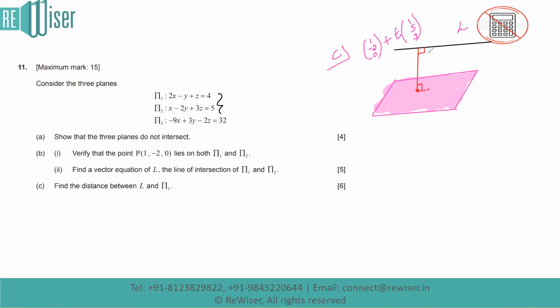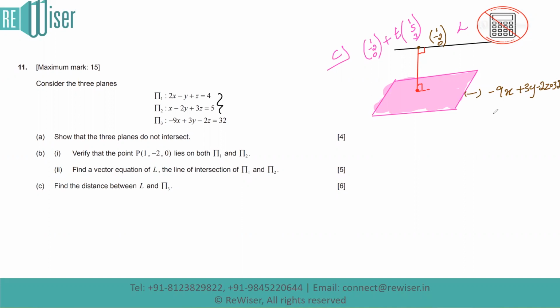So in that case, you can take any point which lies on the line. I'm going to take the point to be (1, -2, 0). Now, the equation of the plane is -9x plus 3y minus 2z equals 32.